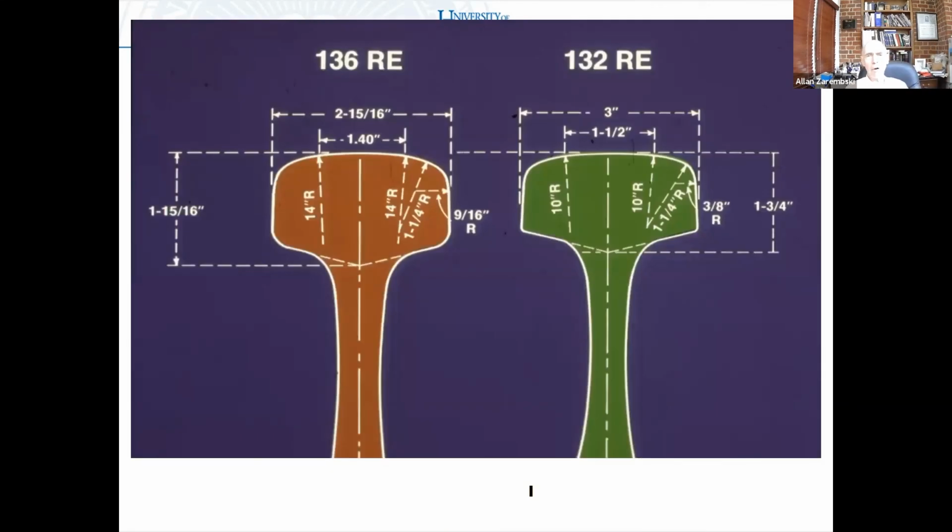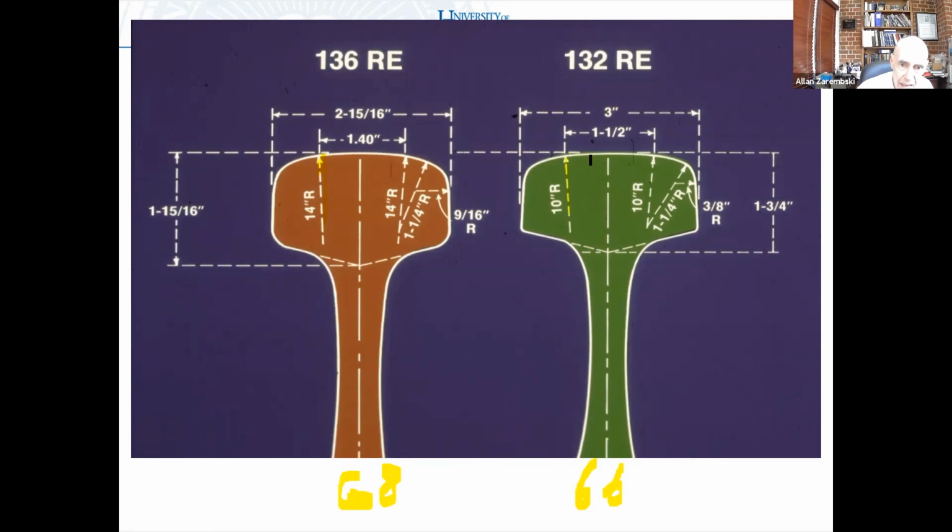Now, there are a lot of subtle differences between rail sections. So for example, this is 136 RE rail, which is 68 kilogram rail. 132 RE rail is 66 kilogram rail. But you notice the designs are a bit different. In addition to the moment of inertia, look at the head. So for example, the radius on the top here is 14 inches versus 10 inches over here.